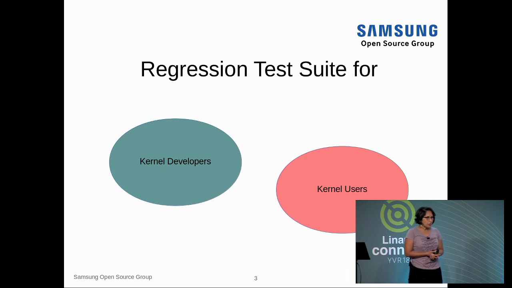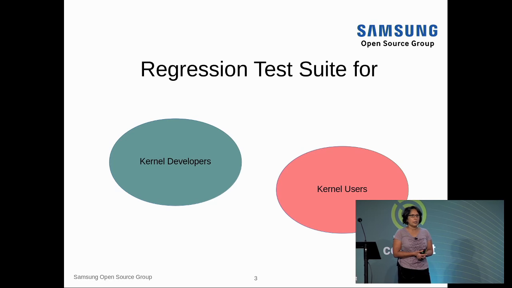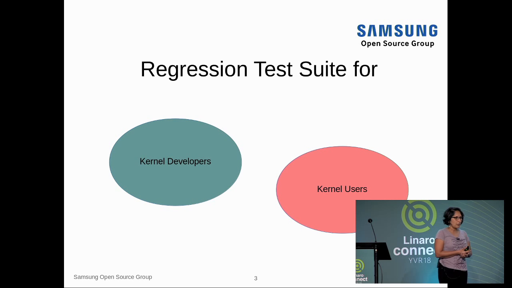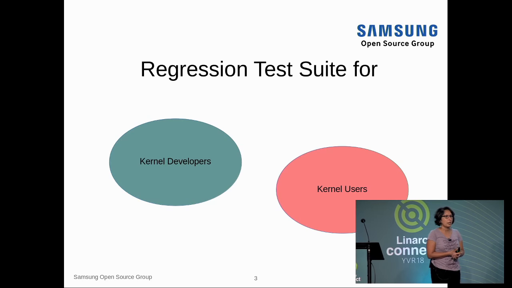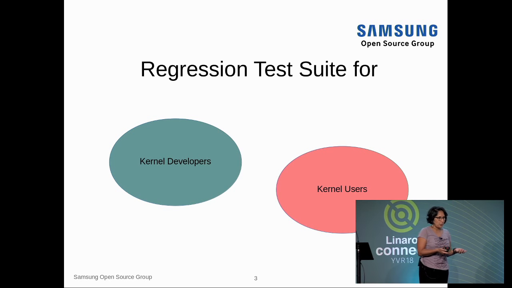It is also for kernel users. Even before I started Kernel Selftest, we were all used to running some sanity tests whenever we upgrade. That's another thing for all users, even if they are not doing any kind of kernel-related work. Even casual users could run them to make sure everything is okay.